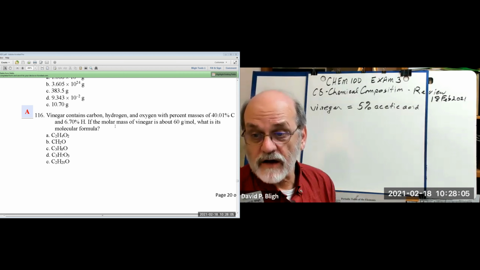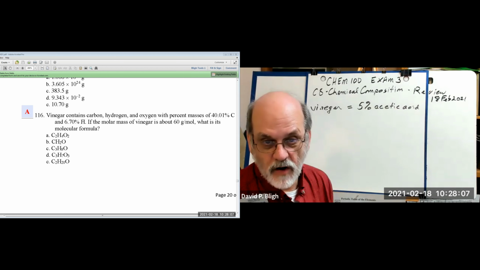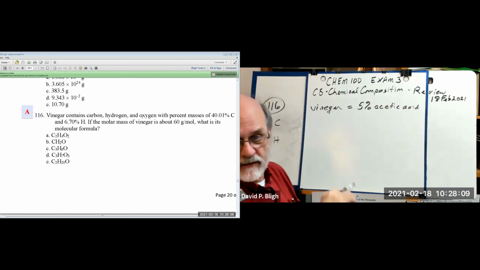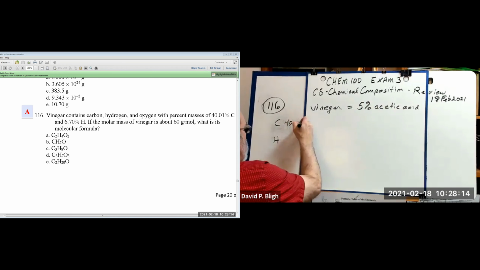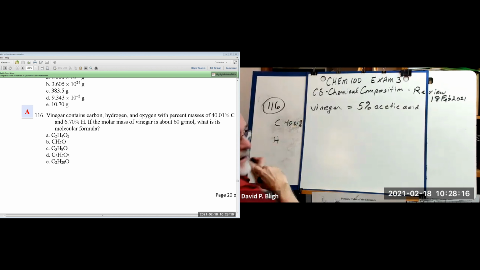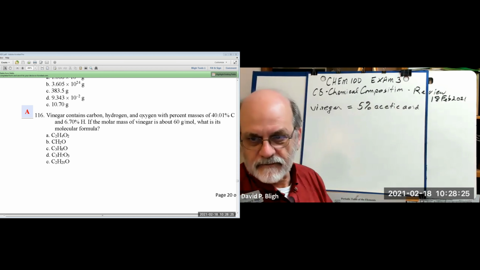But we've also got oxygen, don't we? Didn't it say carbon, hydrogen, and oxygen? But we're only given 40.01% carbon and 6.7% hydrogen. So how much oxygen is that?